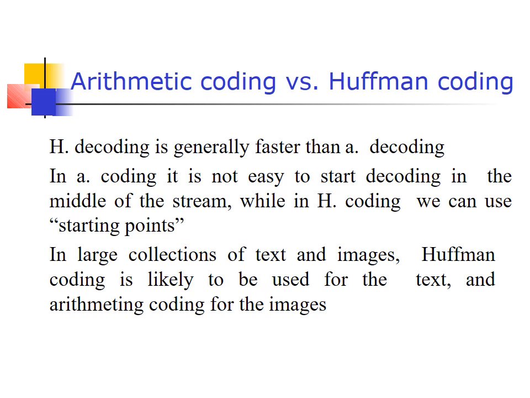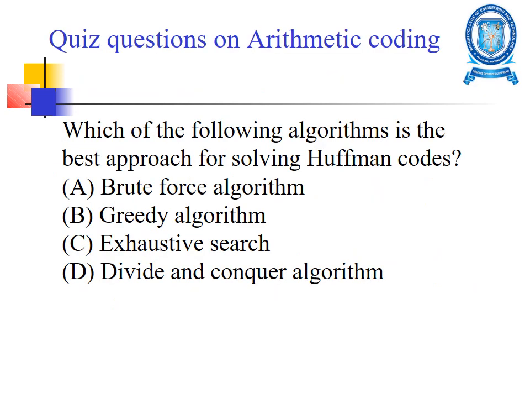Whereas if there are large collections of textures and images, Huffman coding is mostly used for text and not for images. In that case, we can use arithmetic coding for images rather than Huffman coding. So these are the various advantages of these coding techniques.